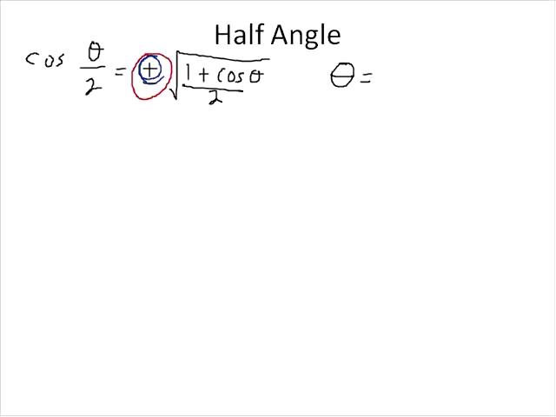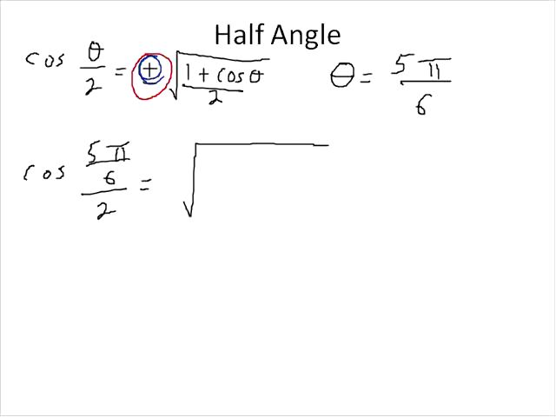I happen to know my theta, we just saw from the previous screen, is 5 pi over 6. So cosine of 5 pi over 6 divided by 2 is equal to the square root of 1 plus the cosine of 5 pi over 6, divided by a 2.